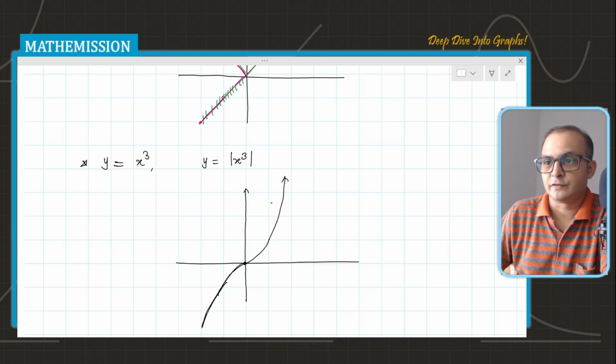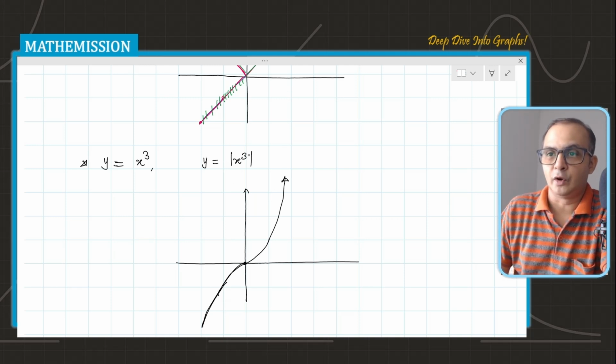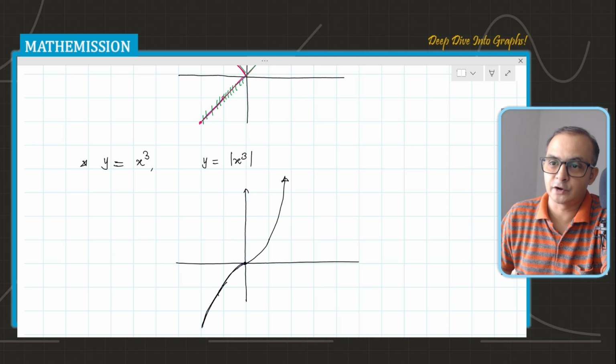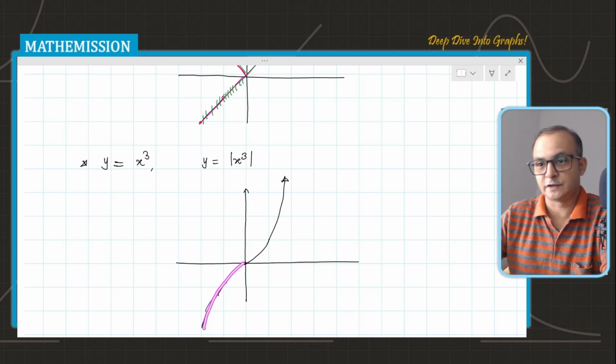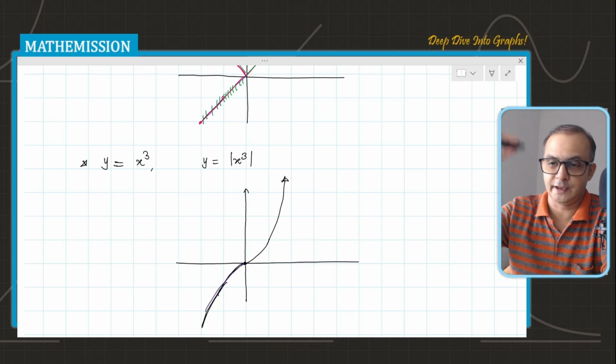In the last lecture, we discussed everything. And now I want to draw the graph of mod. So you see that this part of the function here is below the x-axis. I have to take the image of it on the other side of the x-axis, meaning the positive side of the y-axis.